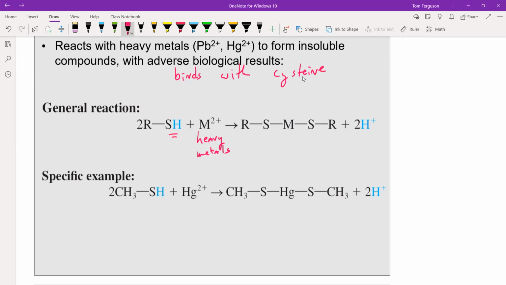The only way to get rid of that metal is for you to excrete it by your protein being dissolved. Now, if this protein happens to be part of an enzyme, that enzyme then will be deactivated because the heavy metal modifies the active site on the enzyme.